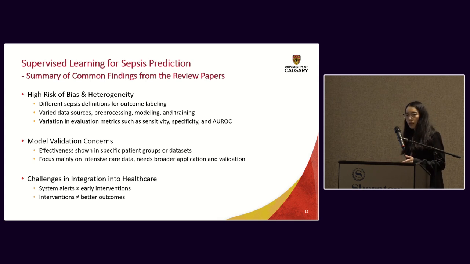And too many sensitive alerts can cause alert fatigue and also increase the resource demand, which is exactly the opposite of what we want when creating these models, because we want to reduce resources and improve diagnosis accuracy. But it may not turn out that way. Also, patient outcomes can be affected by many factors beyond the scope of these prediction models, so they may not lead to better patient outcomes.